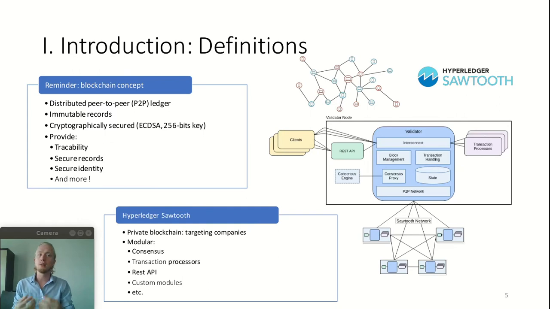They contain a business logic, and that business logic is executed when a transaction arrives. There is also a module called the consensus engine, and the consensus engine allows Hyperledger Sawtooth to use different kinds of consensus. It is also possible to have custom modules that connect to the interconnect of the validator.